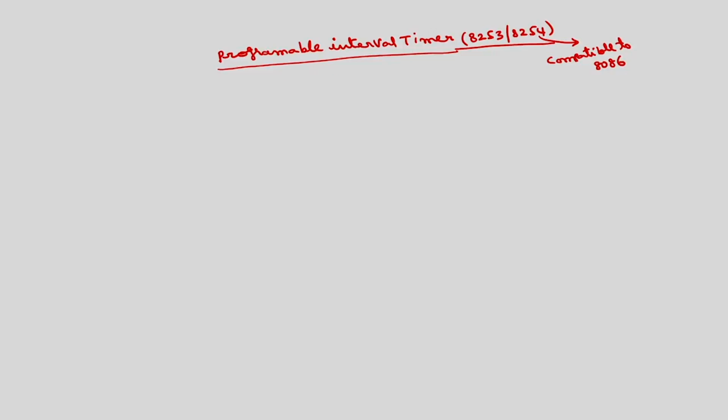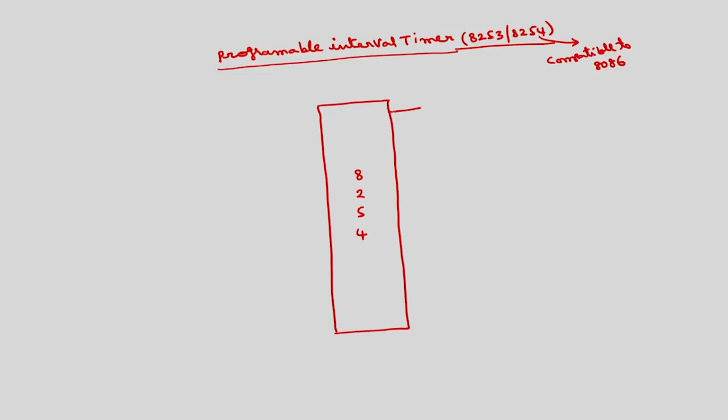So, this is basically a 24 pin IC which has 3 timers and 3 16-bit counters. There are 3 signals for each counter. One is clock 0, gate 0, out 0. These are counter 0 signals.